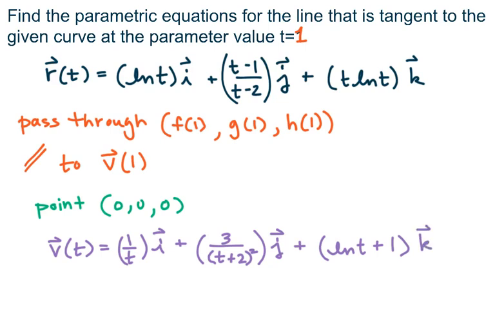Evaluating this at t sub 0 equals 1, v of 1, 1 over 1, that gives me 1i, plus 1/3 j, and then plus the natural log of 1 is 0, plus 1 is, we have 1k.